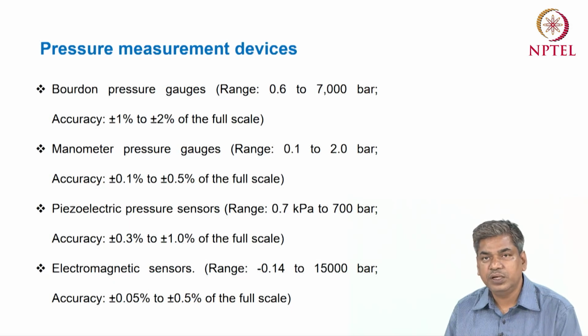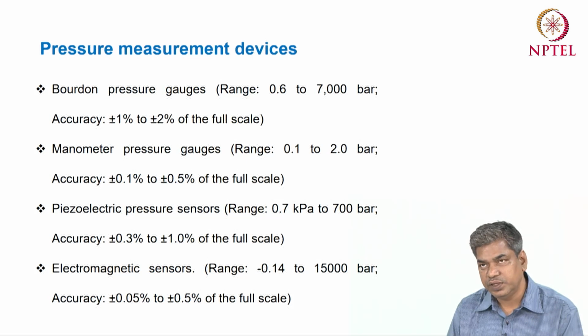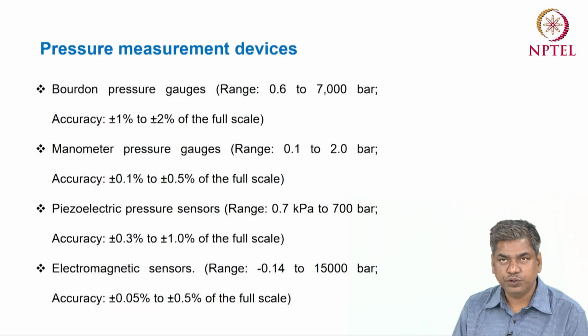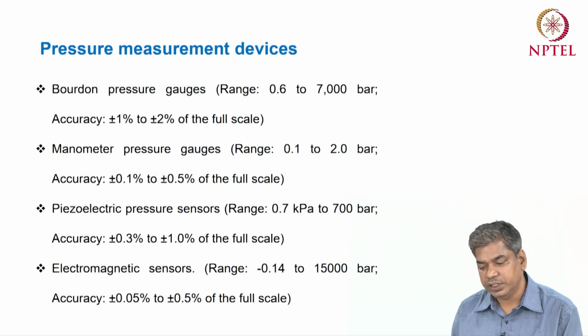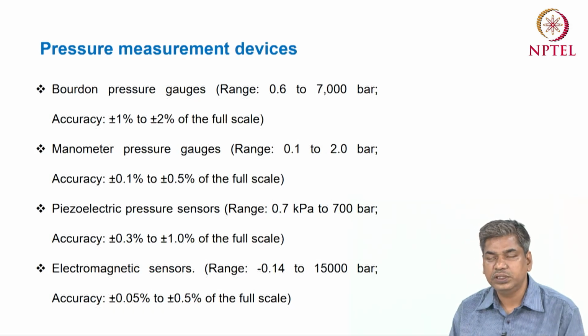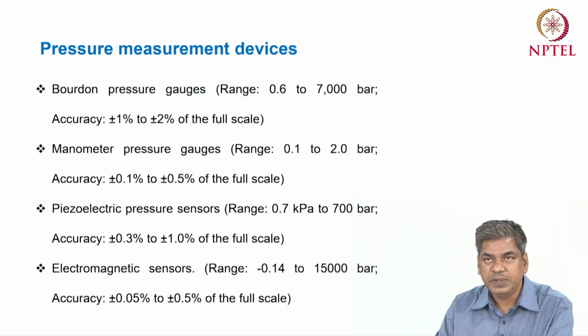I am listing some of the sensors or pressure measurement devices which are frequently used in refrigeration systems. The first one is the Bourdon pressure gauge, which basically gives the gauge pressure. This pressure gauge or dial gauge is widely used in refrigeration applications.